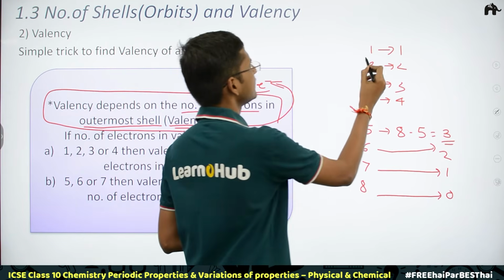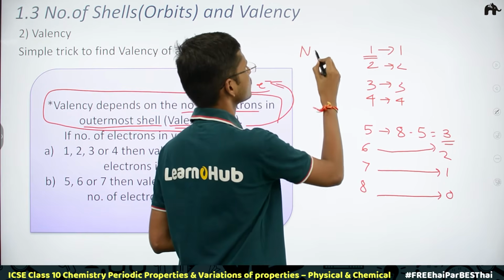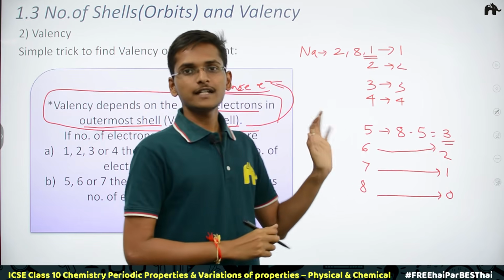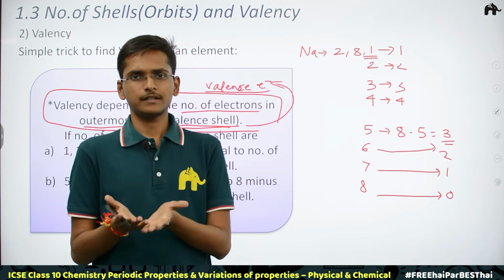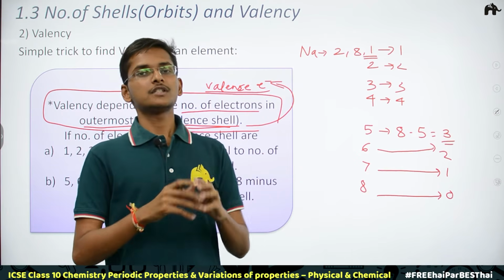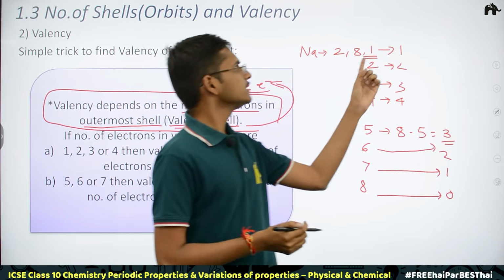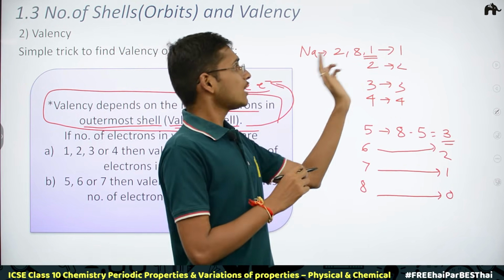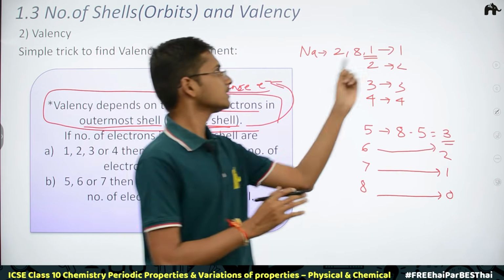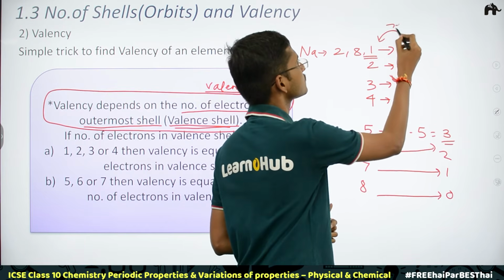So when an element has 1 electron in its valence shell, for example, we can take sodium, 2, 8, 1. It feels that, yes, I want to reach the octet, I want to make my outermost shell have 8 electrons. This is called an octet. If it wants 8 electrons in its outermost shell, it has to accept 7 electrons.